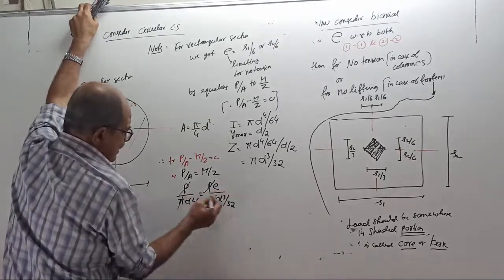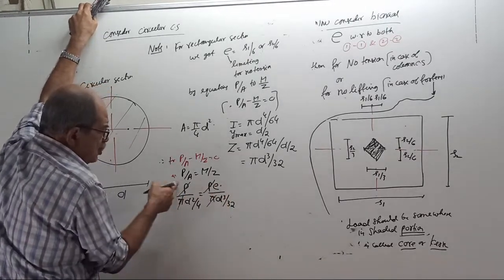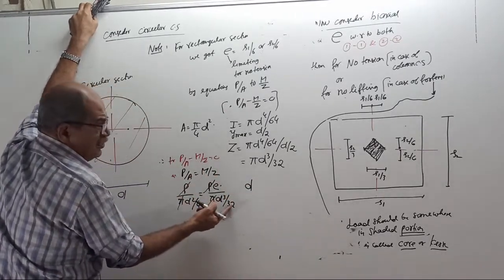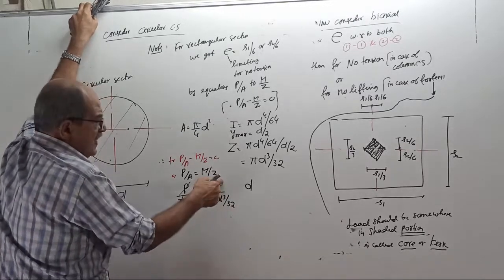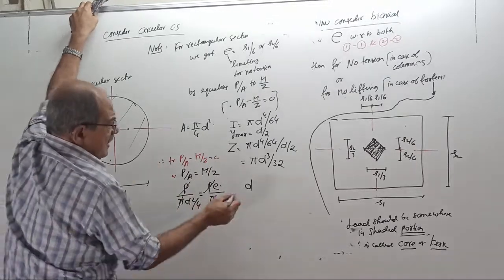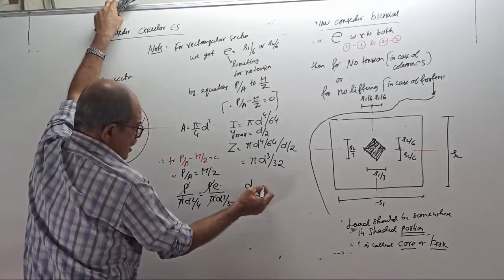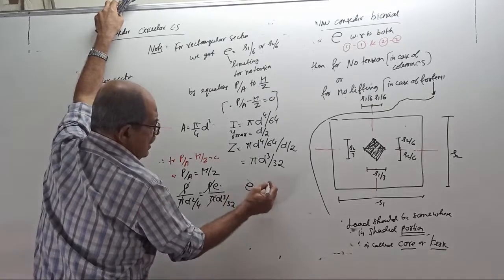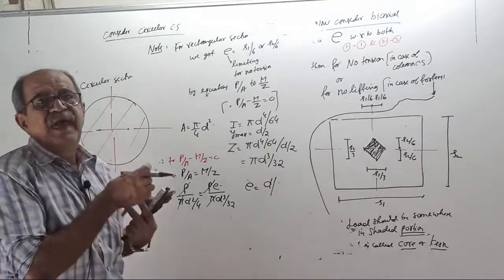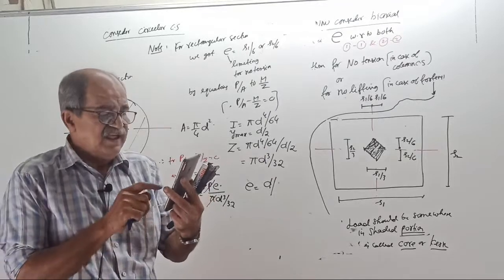This d cube will go to the denominator, d square will come to the numerator here. D cube by d square is d. Then 32 in the denominator will jump to the numerator, and 4 will go to the denominator. So E will be equal to d by, how much? There you got d by 8. In rectangular section you got 1/6 eccentricity. Now tell me the answer.